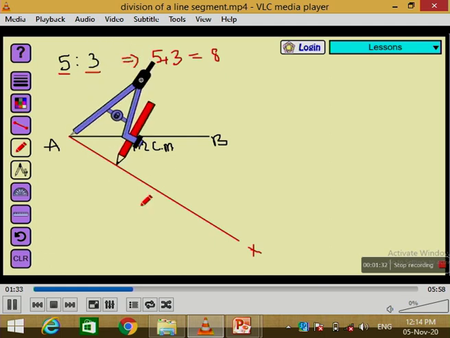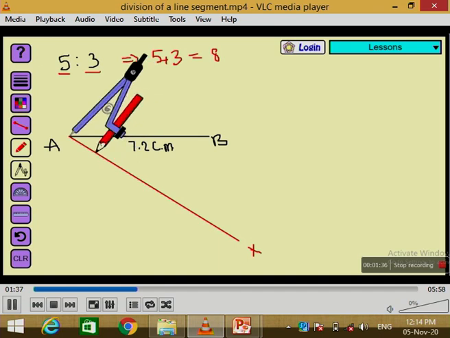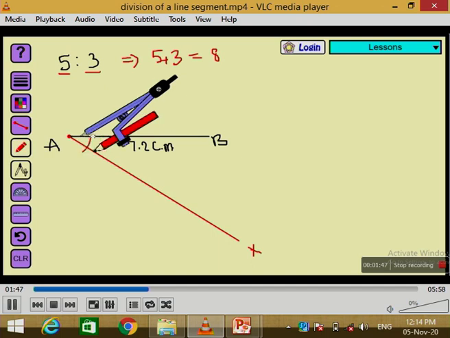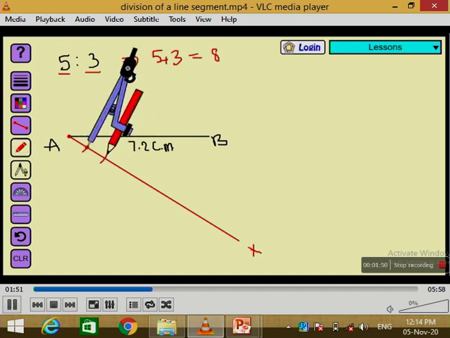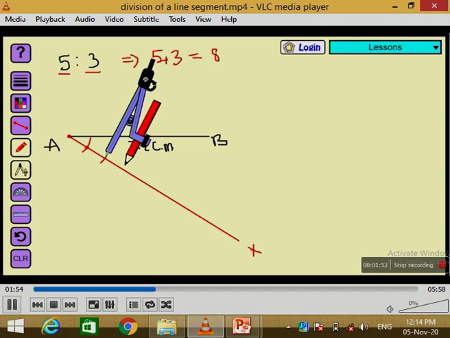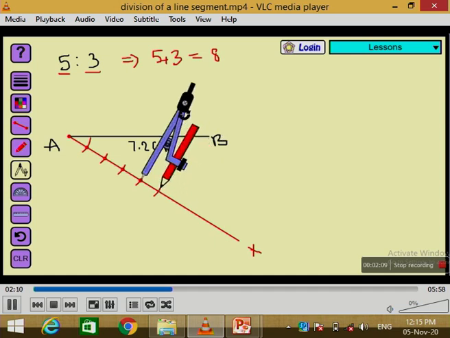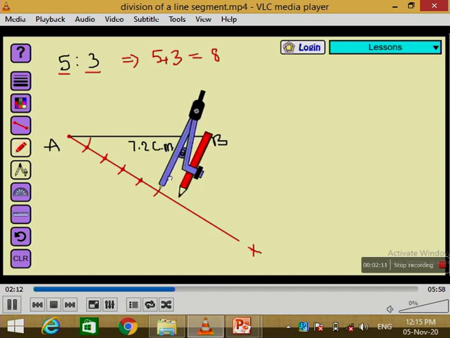If I take that much, I can't draw 8 equal parts, so I am minimizing to a smaller length. Now it is easy to draw 8 arcs: first arc, second arc, and this is the third arc. Still, 8 arcs we have to draw with the same compass without changing its radius.